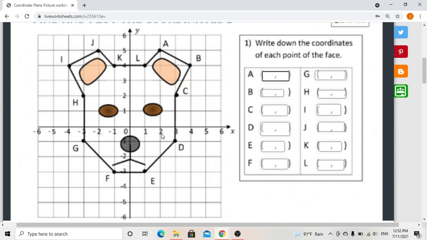Now that you know what the x-coordinate is, let's write it here. Do you see this? I already typed number 2 here as our x-coordinate. And next, we are going to find the y-coordinate. Let's go back to plot A. The dot for letter A, and let's follow again the line going to the y-axis.